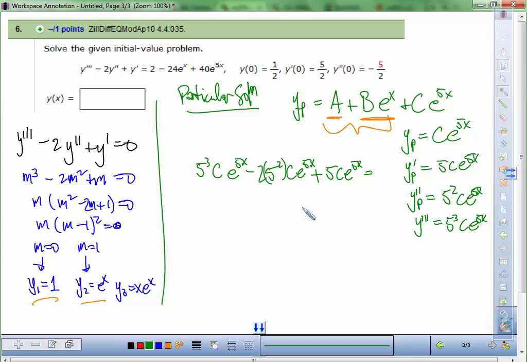Oh, we do have a problem, because then this will never be equal to the right side. I knew it wasn't going to be that easy.